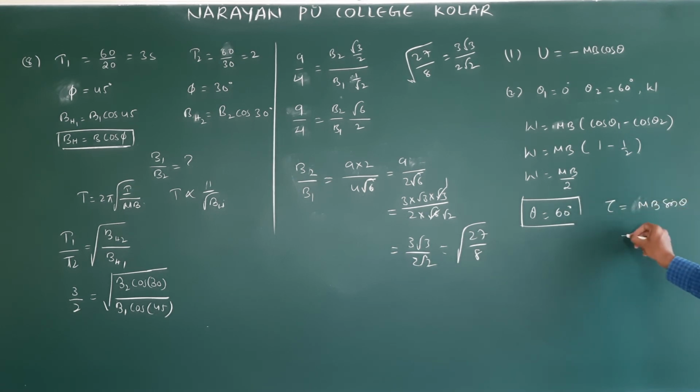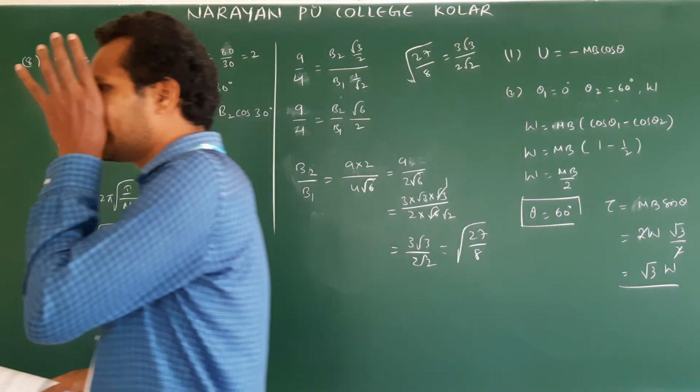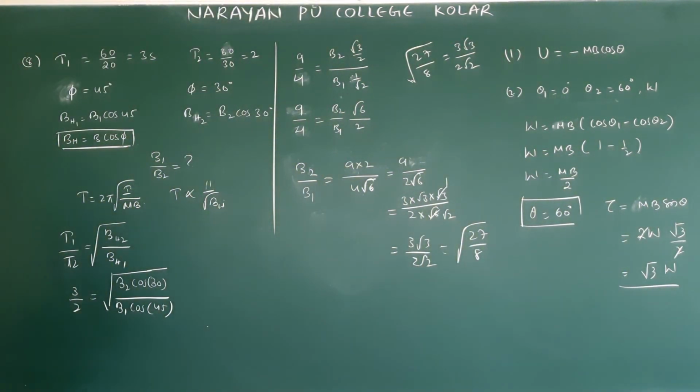So the answer is there in terms of work done. From this, mB we write as 2W. So 2W into sin 60. Sin 60 value is root 3 by 2. The 2 cancels. Then the answer is root 3 W. This is the torque required to maintain the dipole at 60 degrees with the magnetic field.